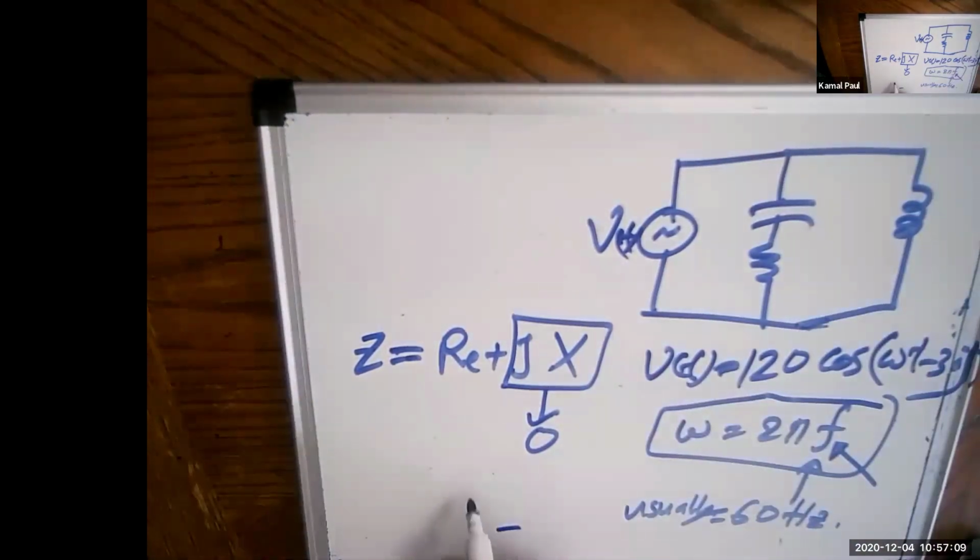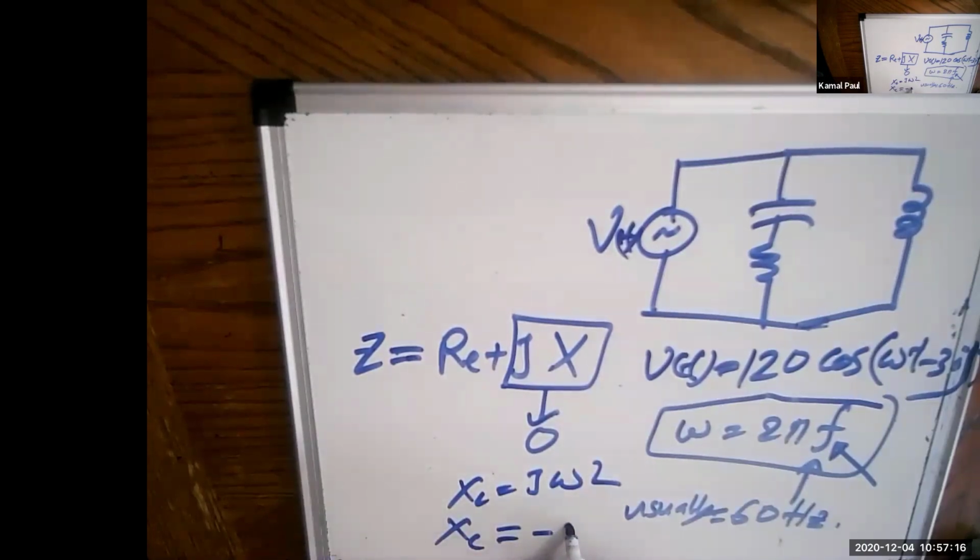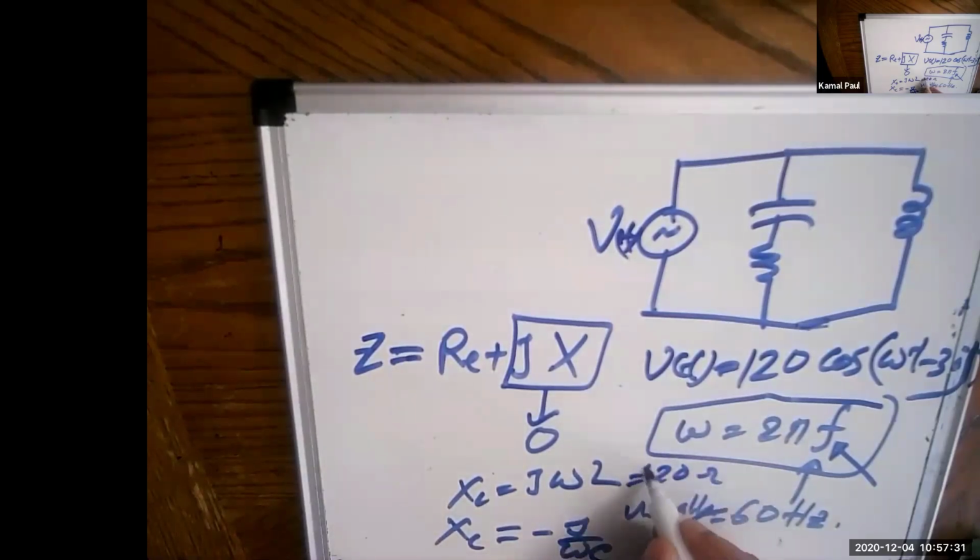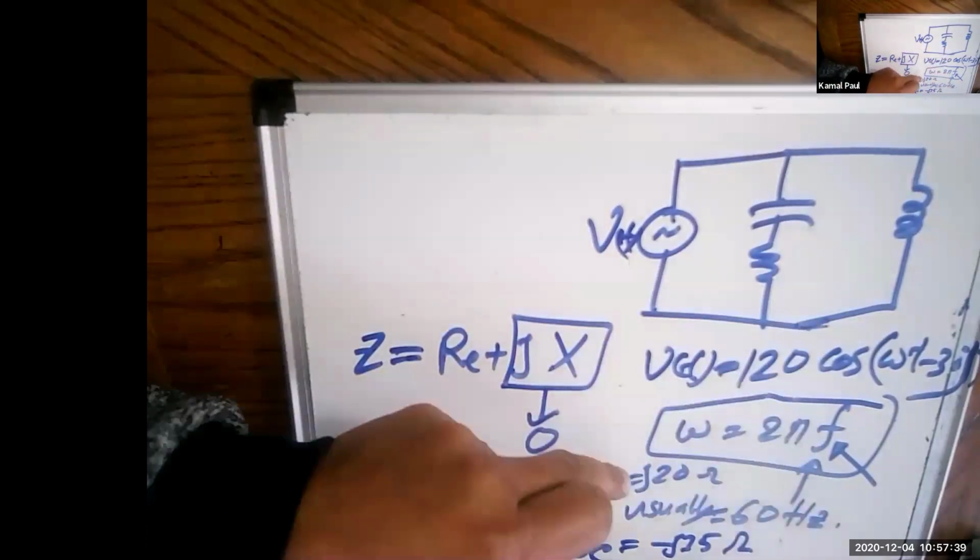X_L equals j omega L, but X_C equals minus j over omega C. For example, the inductor gives some positive value like j 20 ohm, but for the capacitor maybe you get j 15 ohm. So what is the resultant value of these two?